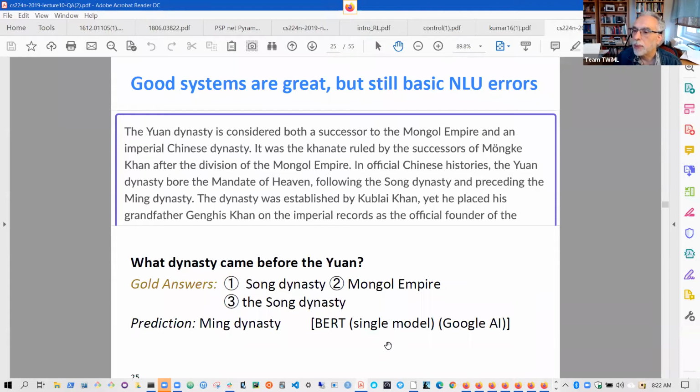But the best system, which is based on BERT, at least at the time of this lecture in 2019, predicted Ming Dynasty, which is wrong. Any human being can read this and see that the Yuan Dynasty was preceding the Ming Dynasty. So you know that the Ming Dynasty was after the Yuan Dynasty, and so it's wrong. So even BERT didn't get this one.